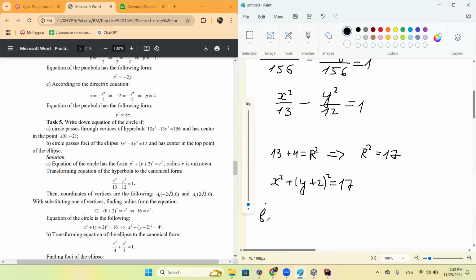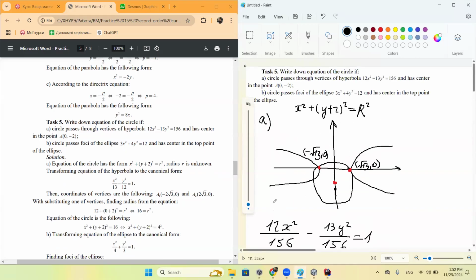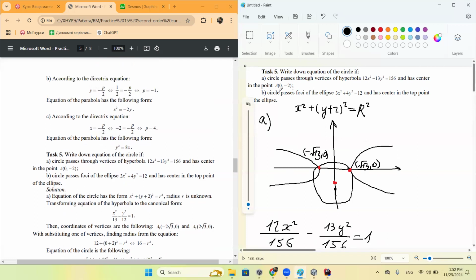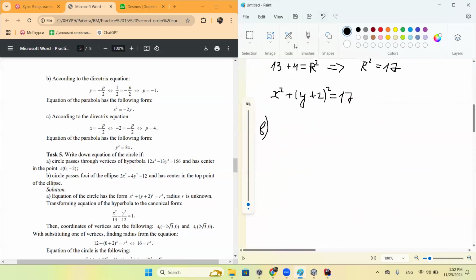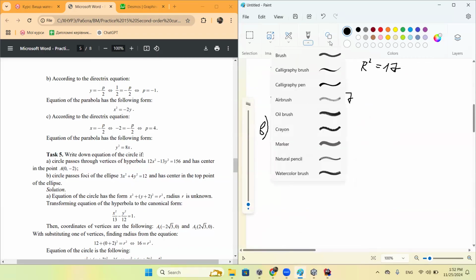Then part B. So what do we need? What do we have? It passes through the foci of the ellipse and has the center in the top point of the ellipse. As well, let's draw a little bit.